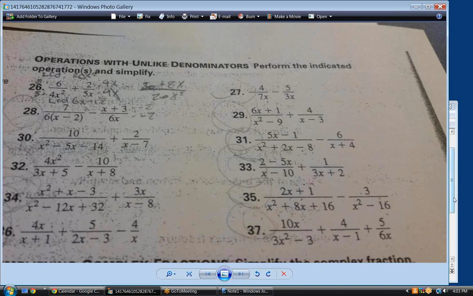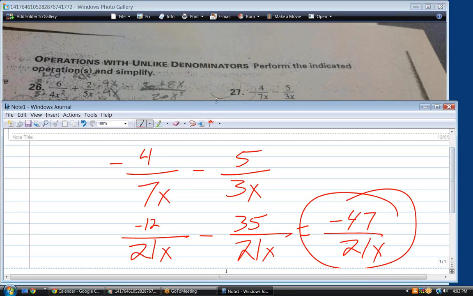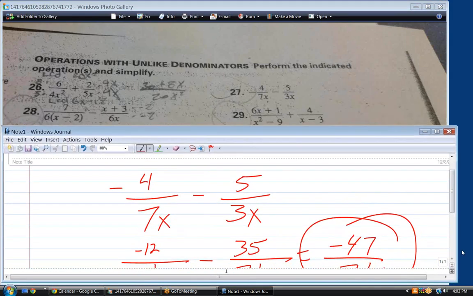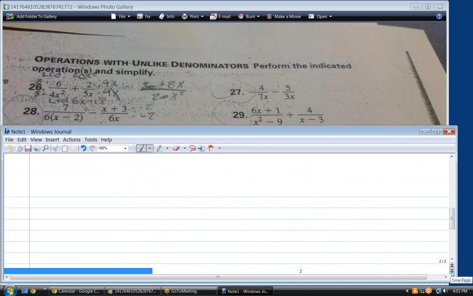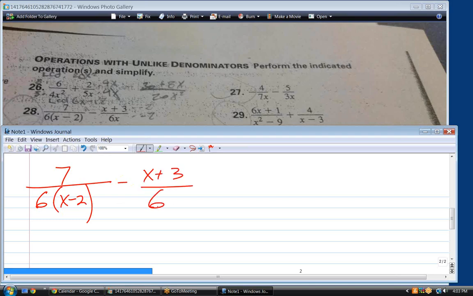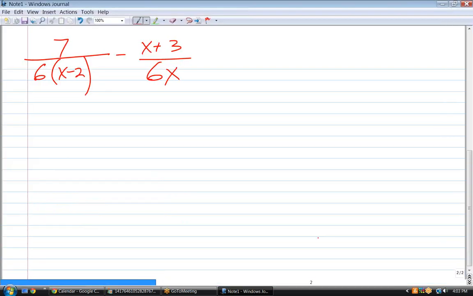Let's look at 28. I'm going to write it out like this. What's the least common denominator going to be here?